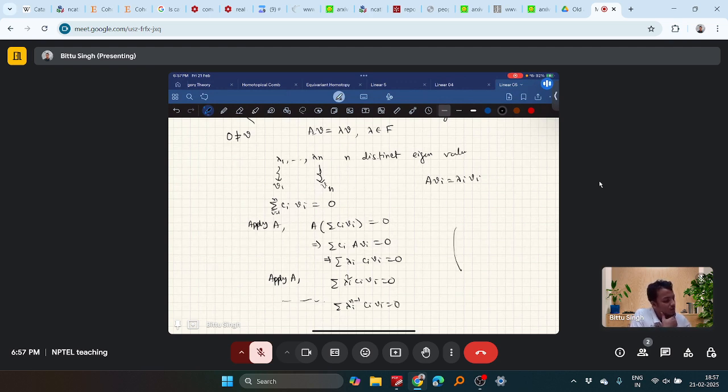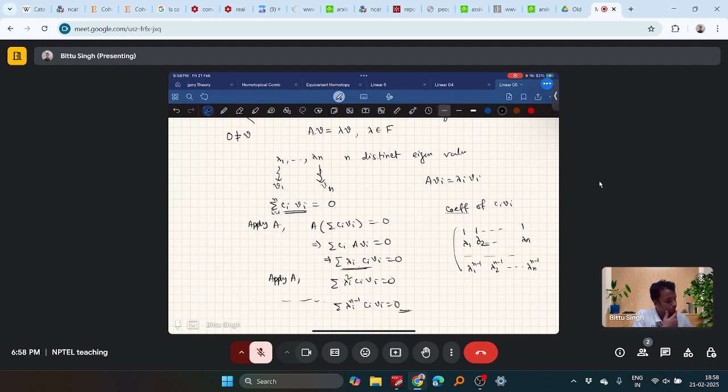Now the coefficients of the ci vi will form a matrix. Here the coefficients are 1, so the first row is 1, 1, up to 1. Next the coefficients are lambda, so the row is lambda 1, lambda 2, up to lambda n. Similarly, the last equation gives the coefficients lambda 1 to the power n minus 1, lambda 2 to the power n minus 1, up to lambda n to the power n minus 1.